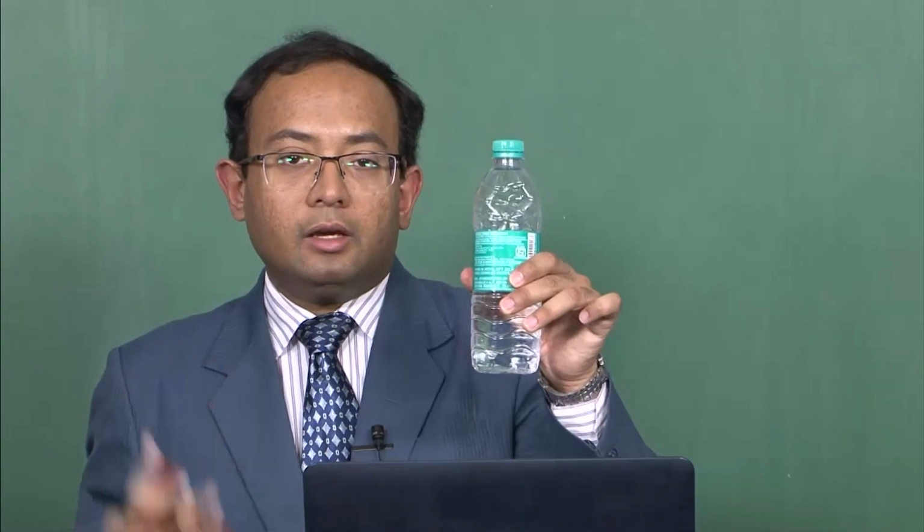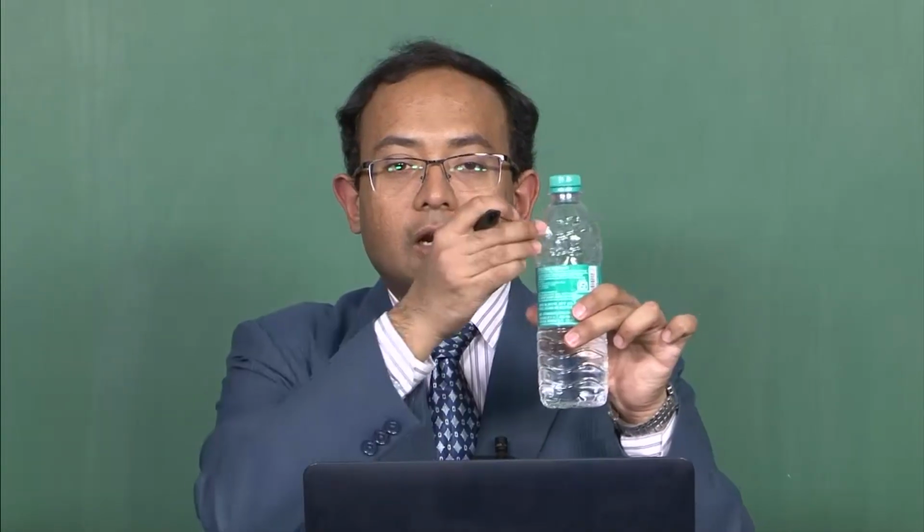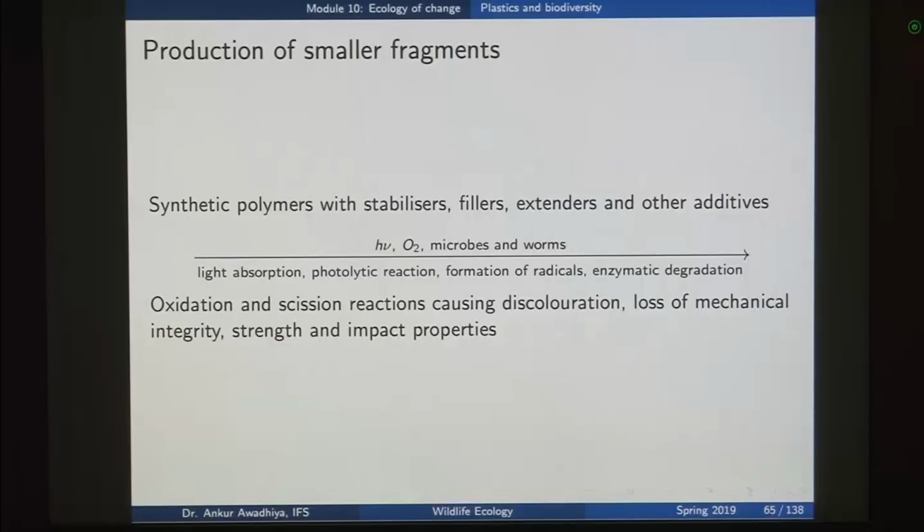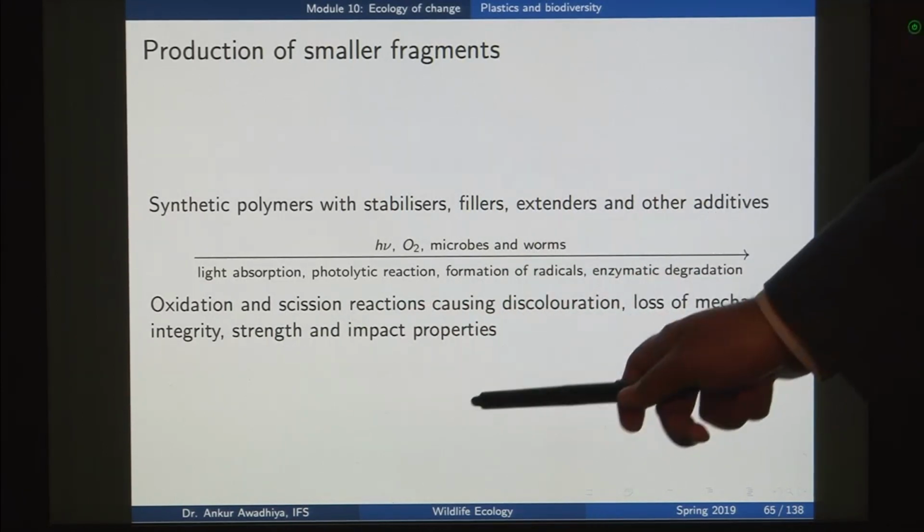Now, when we are seeing that it is changing color, it means that there are some chemical reactions going on. Once it becomes whitish in color, it also becomes brittle. So, if you press that again, it will convert itself into a powdery substance, and this is what we are talking about here. So, we have all these reactions that are causing discoloration, loss of mechanical integrity, strength and impact properties.